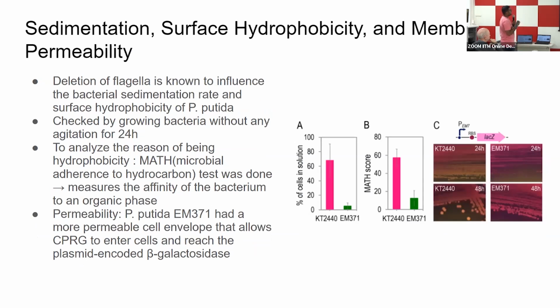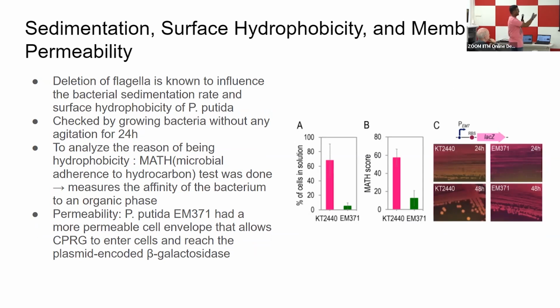They checked sedimentation, surface hydrophobicity, and membrane permeability properties. So they wanted to check if deletion of flagella is responsible for any sedimentation. As the parent strain has flagella, it can move and it can swim. But as the modified strain doesn't move, it sediments on the bottom of the flask.